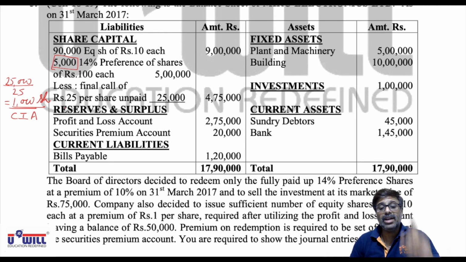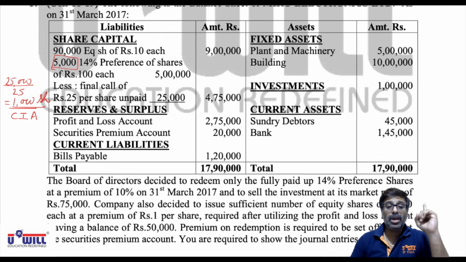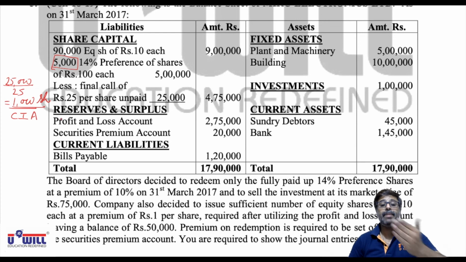Now the first condition: only fully paid up preference shares can be redeemed. This means these 1,000 preference shares cannot be redeemed if these preference shareholders don't pay 25 rupees to the company. If they pay 25 rupees, then all 5,000 preference shares will be redeemed.